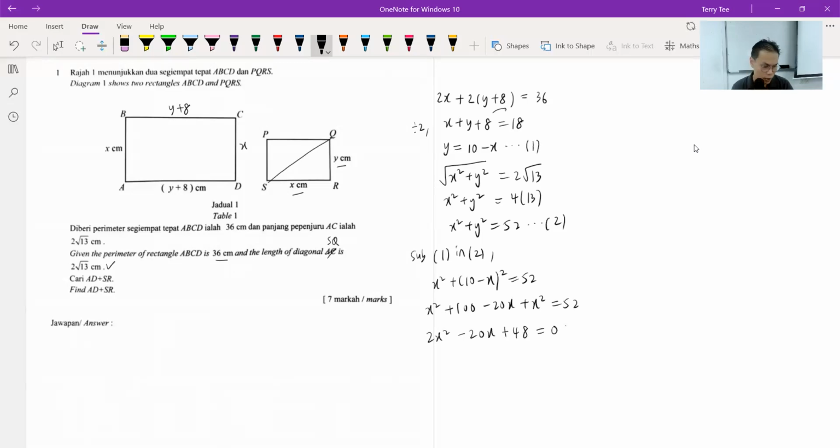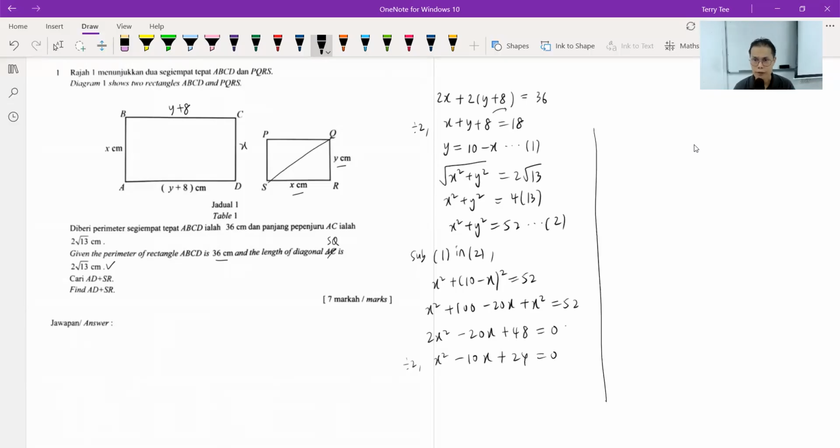Right. So in this case, we should use a factor combination that gives us 48, but I think we can divide by 2 first. You notice all these numbers are divisible by 2. When I divide by 2, x squared minus 10x plus 24 is now 0.